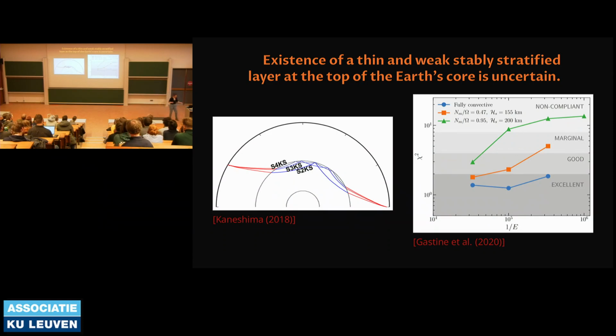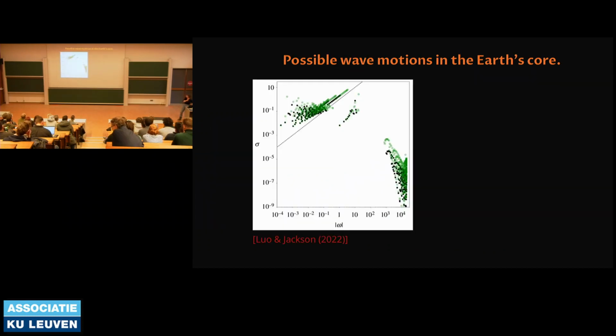But of course, they only use very high Ekman numbers, whereas the Ekman number for the Earth is something of the order of 10 to the minus 15. So it's still up in the air, but of course, if we would be able to observe gravito-inertial waves, which we haven't yet, then we could end the debate, but that would be the dream.